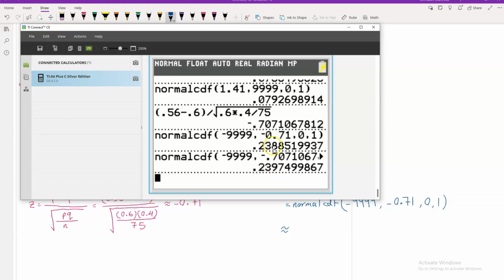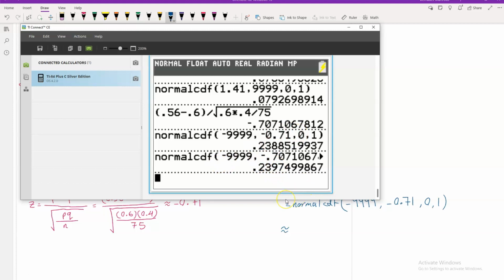Even if we round to 3 decimal places, again we're going to have a different answer. But rounding to 2 decimal places, we will have the same answer for p. So we have different answers, and in that case your answer on StatLab will be wrong because of rounding.